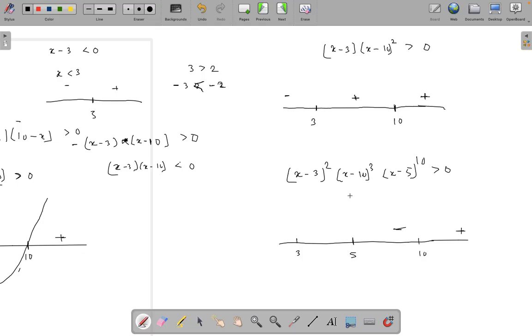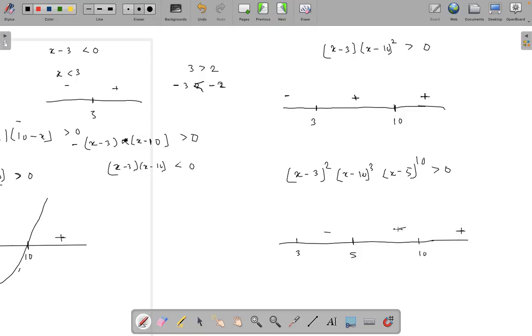Now look at the power again: if it is even, it will not be negative. It was negative because of this, so it will have no impact. Negative times positive, it will be the same sign. Is this clear? Yes.